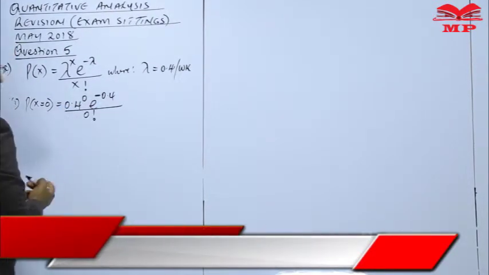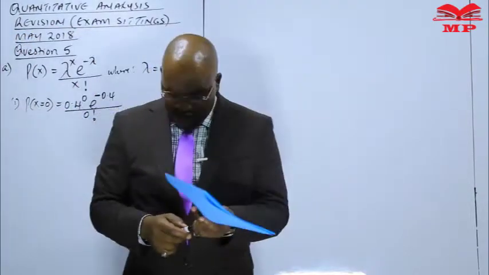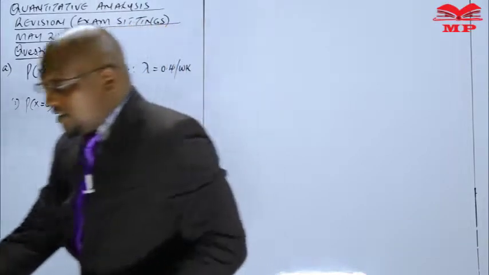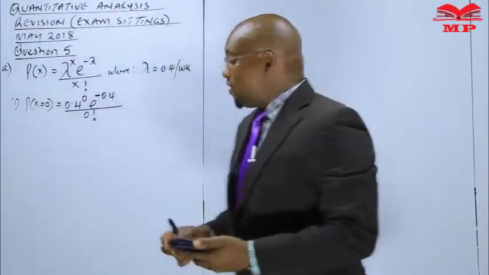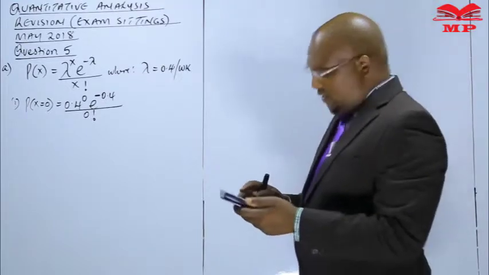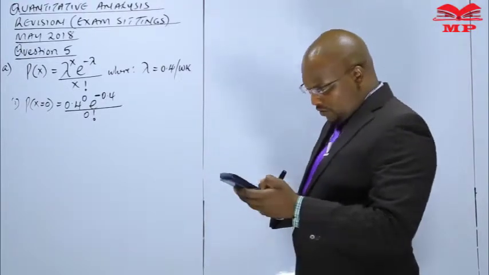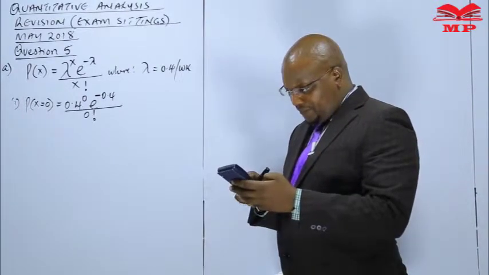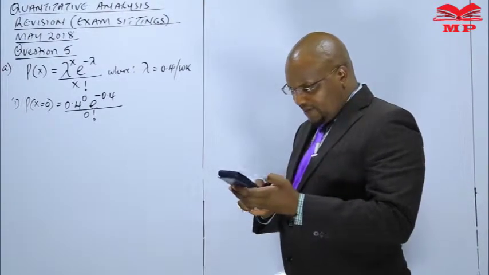Now, how to use Euler's constant? Of course, we just use the calculator. First of all, we know 0.4 power 0 is always 1 by definition.